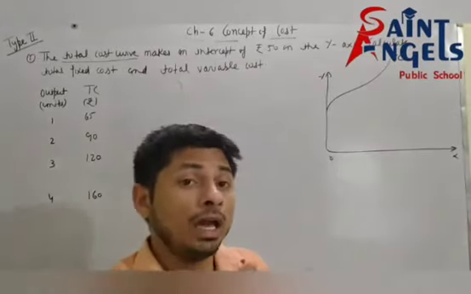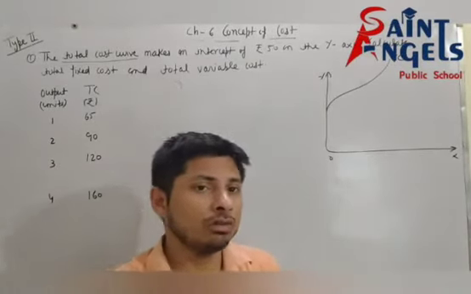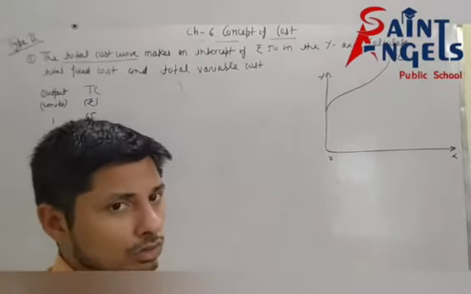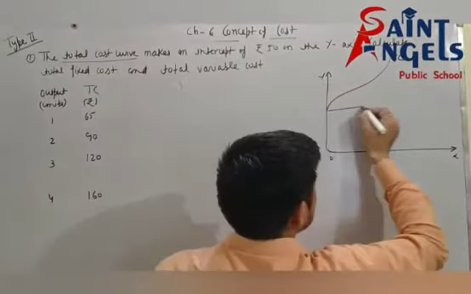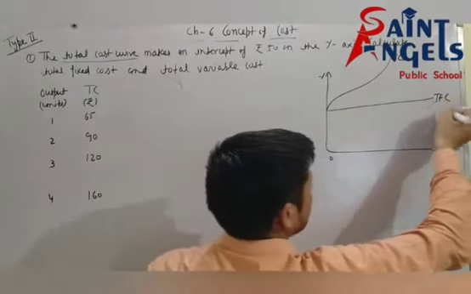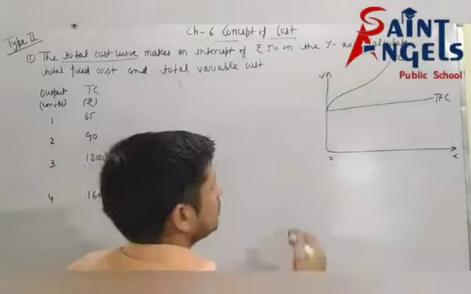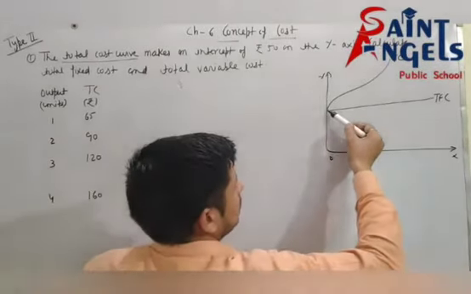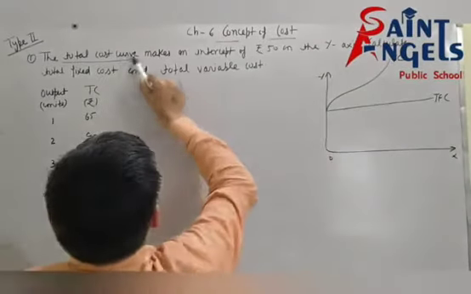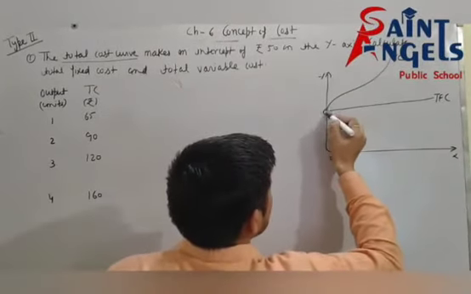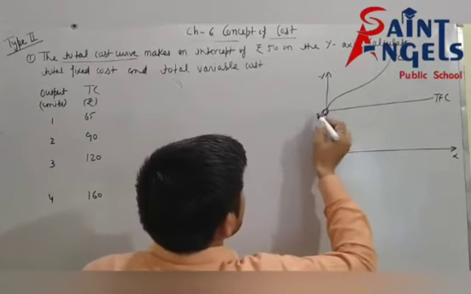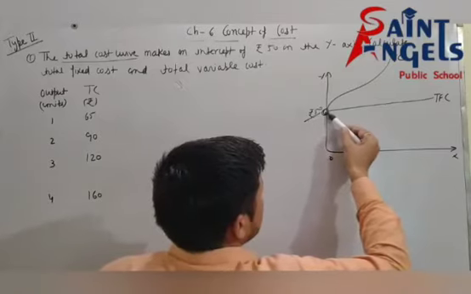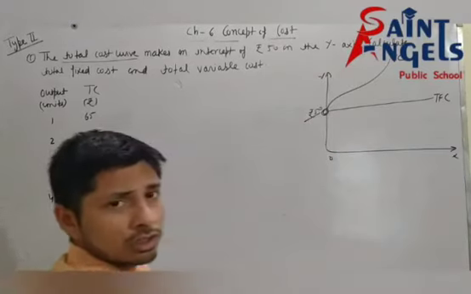You know that at zero level of output, TC is equal to TFC, and TFC is a horizontal straight line parallel to the x-axis. The TFC curve will be like this. Since the total cost curve makes an intercept of rupee 50, at this point TC is equal to TFC.